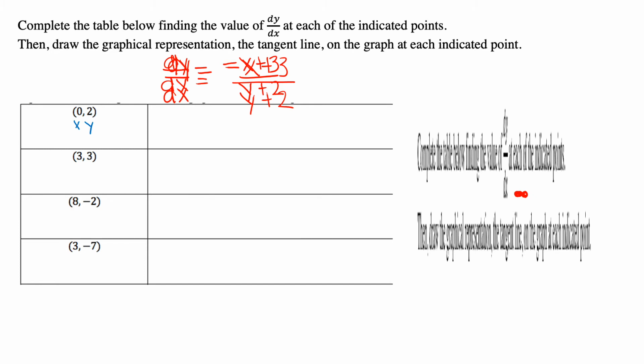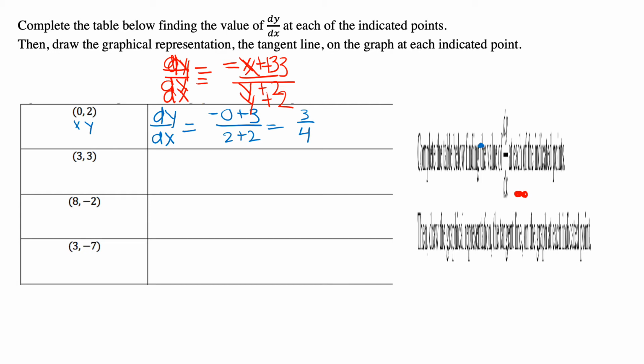So here, dy/dx at this point is equal to, let's plug in, negative 0 plus 3 over 2 plus 2, which gives us 3/4. So I'm going to go to the point (0, 2). That's our point of tangency.